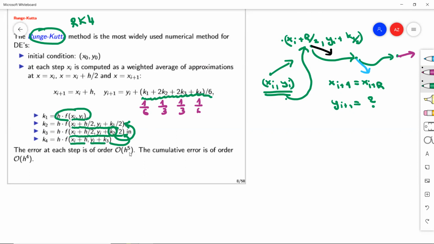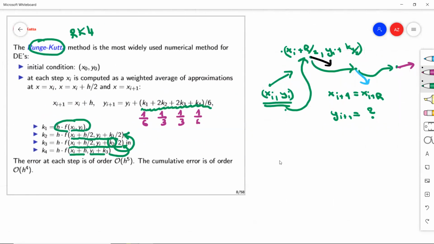So the error at each step, sorry, before I said that the local error is of order O of h to the power of 4. In fact, it's O of h to the power of 5, and the cumulative error, so the global error, is O of h to the power of 4.